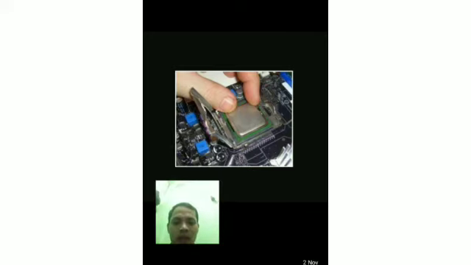Leave the lock lever in an upright, open position, then attach the processor to the processor socket on the mainboard. After the processor is installed on the mainboard, return the lock lever downward to close the processor.